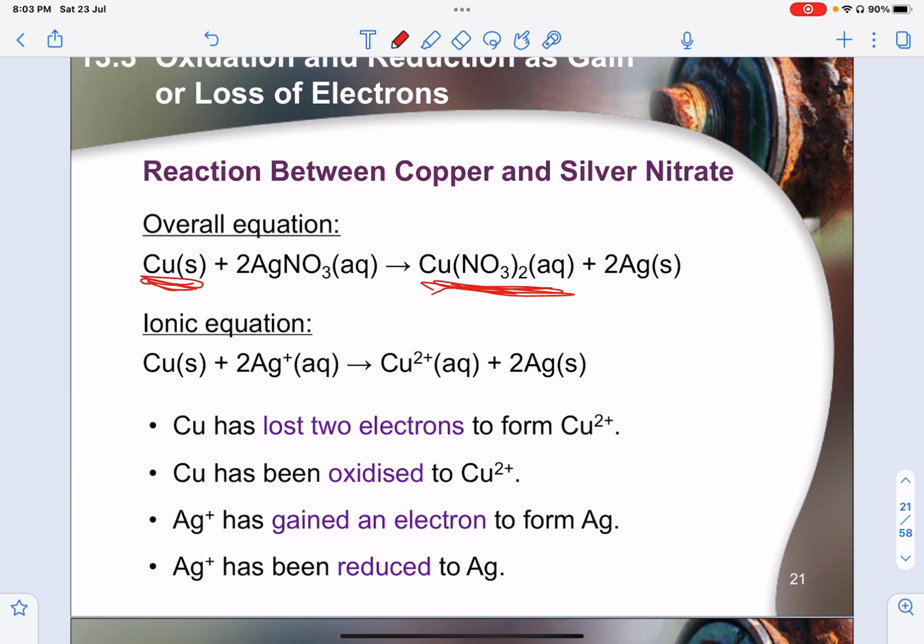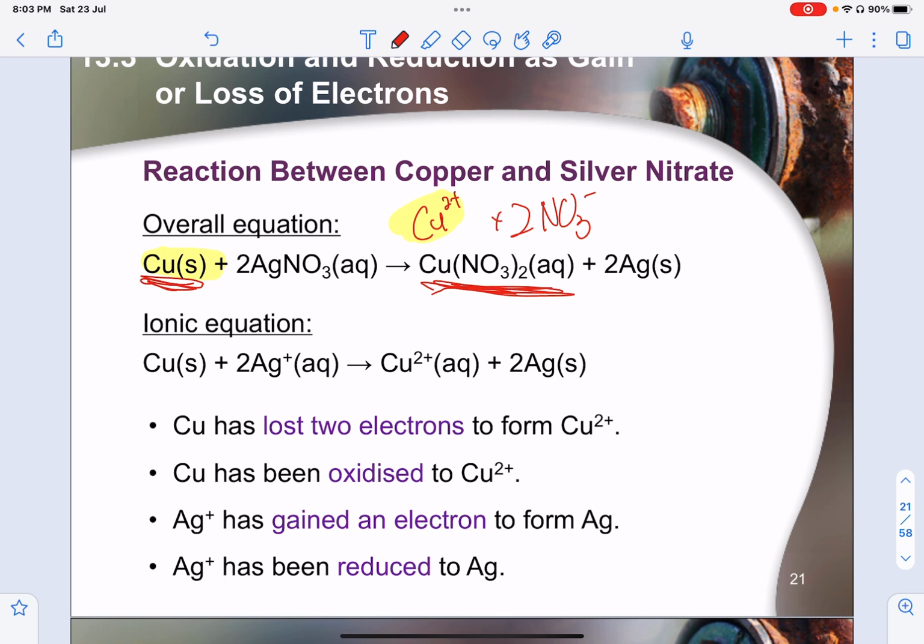Now, another thing to take note of is in your chapter of ionic equation, we also see how we can actually form ions. So your Cu(NO3)2, you can actually separate it out to a Cu2 plus and 2 NO3 minus. Of course, in this case, it helps to break down further where the copper from Cu to Cu2 plus has actually lost 2 electrons in order to form this particular reaction.